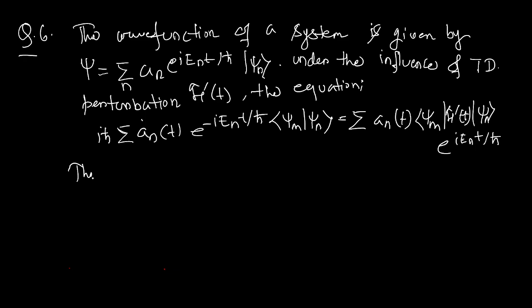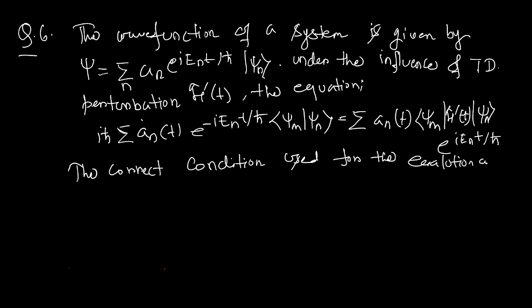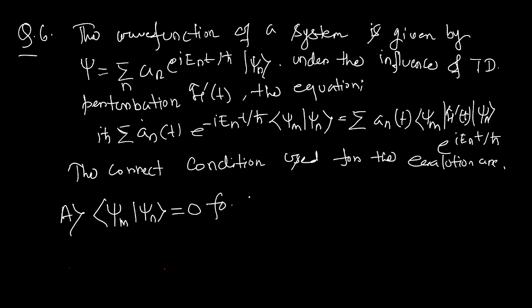The correct condition used for the evaluation are: A, psi_m psi_n is 0 for m equal to n, and psi_m psi_n is 1 for m not equal to n.